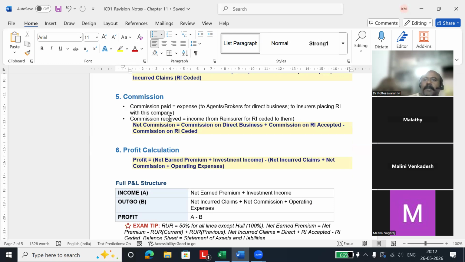For example, I am referring one insurance policy to my reinsurance company. So a reinsurance company is going to pay commission to me. That commission is an income for me. Understood? I have an insurance company. Some of my brokers refer policies to me. I give commission to those brokers. That is my expense, so I need to minus it. I refer a big policy to my reinsurer. Now I am the broker. Even though I am an insurance company, I refer a policy to another company. I am a broker now. So that company is going to pay me some commission. That commission is a profit, an income for me. So I need to add it. Whatever commission I am receiving, I am going to add it. Whatever commission I am paying to my brokers, I am going to minus it.